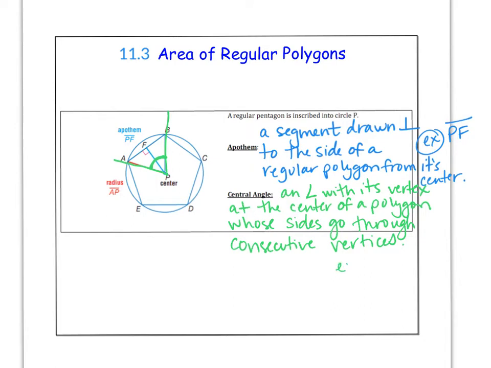And an example of a central angle that you can see in this picture right here is angle APB. Angle APB, that green angle, is a central angle.